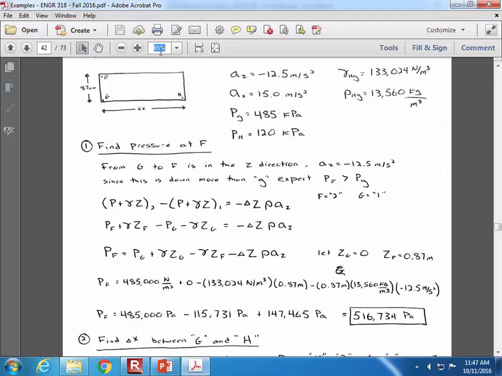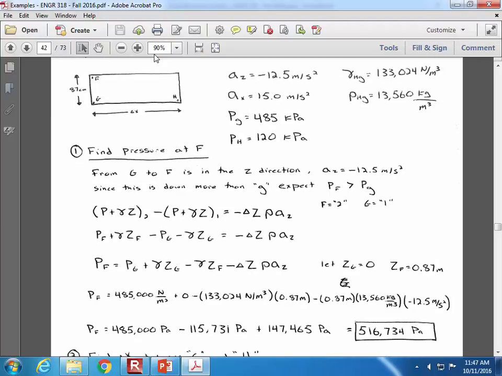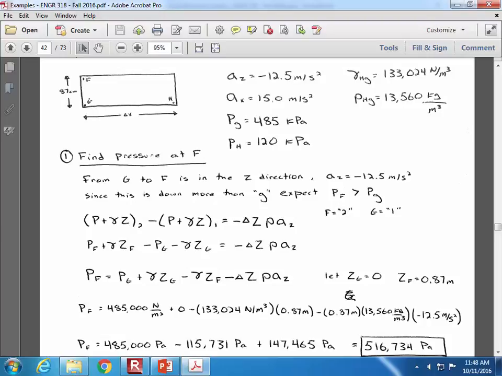Yep. That's what it is for room temperature water. Yeah, just sort of the default standard. We've been using 9810 through this semester.